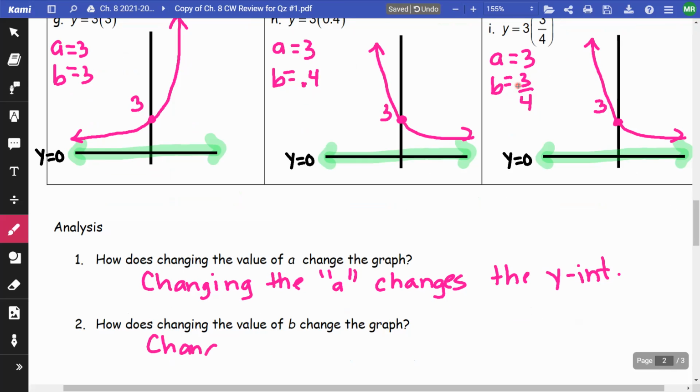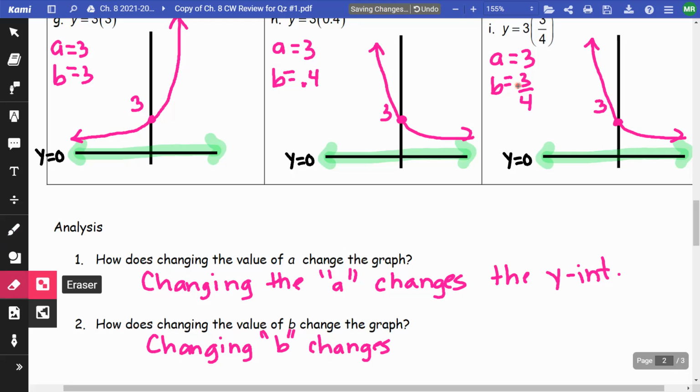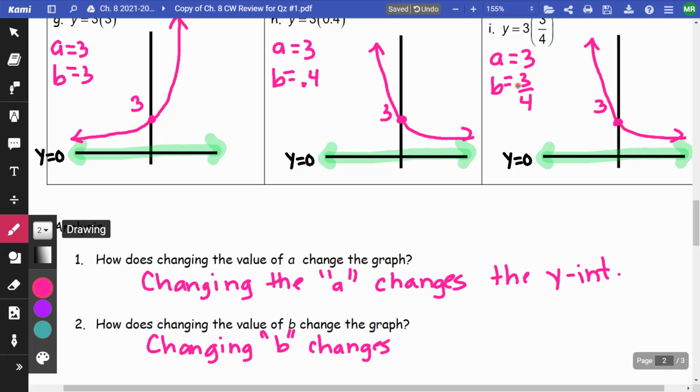Changing the B changes whether the graph is increasing or decreasing.